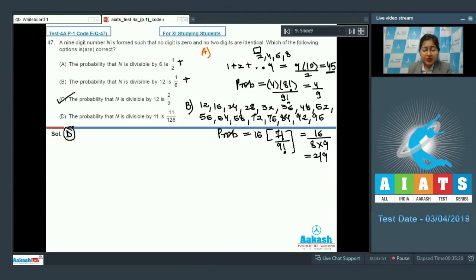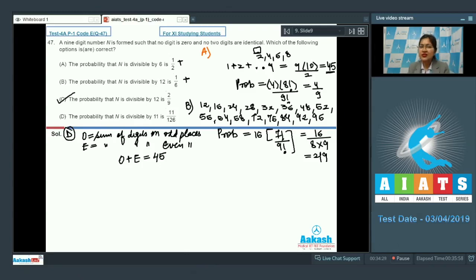Now for divisibility by 11, let us say O is the sum of digits on odd places and E is the sum of digits on even places, right? So firstly, O plus E should be equal to 45.